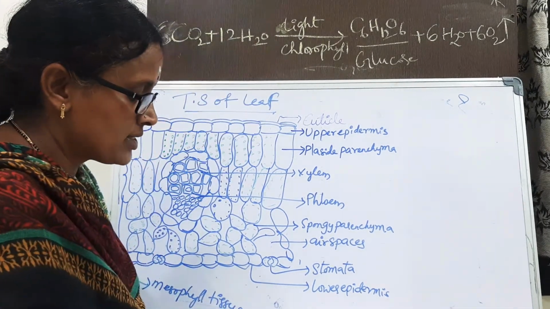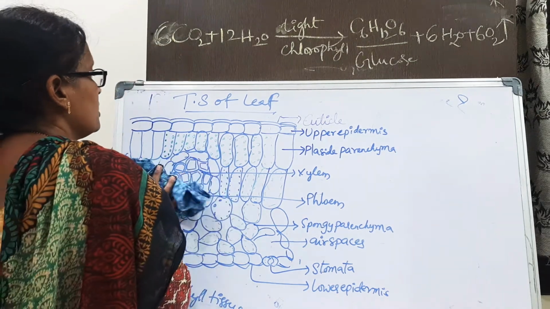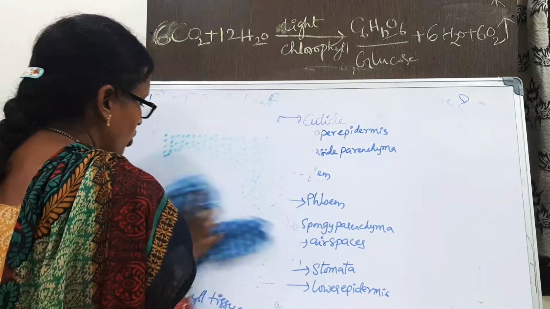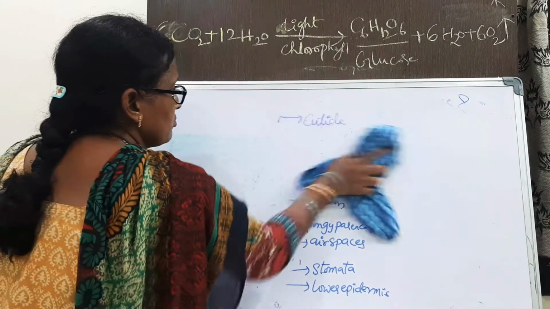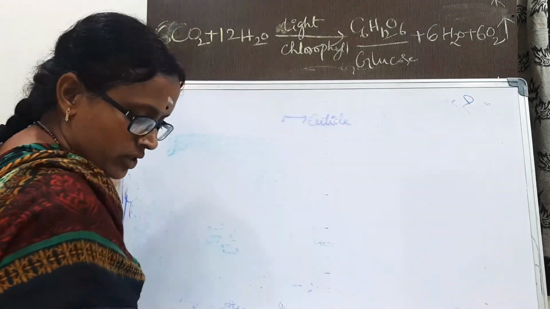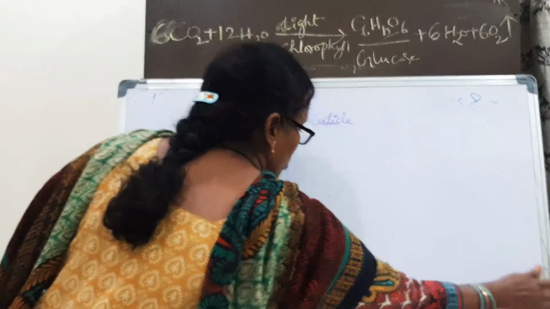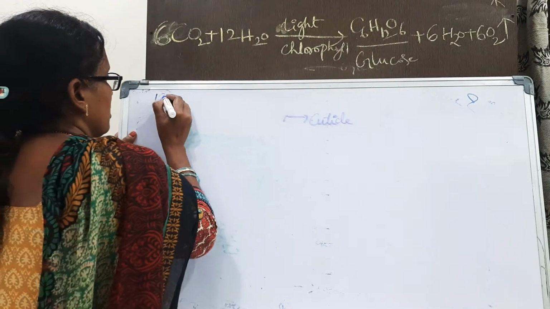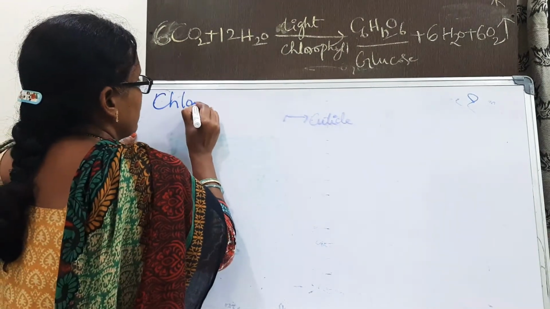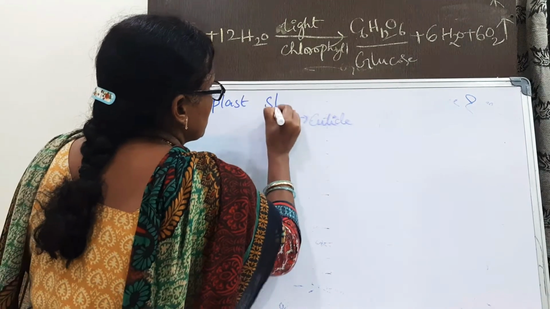To know the exact location in the leaf, now we will see the structure of the chloroplast. We studied the chloroplast structure in our earlier classes, in the 9th class. Here once again we will recollect the chloroplast structure.